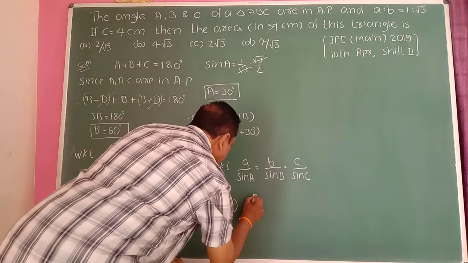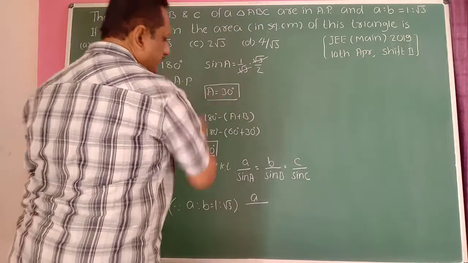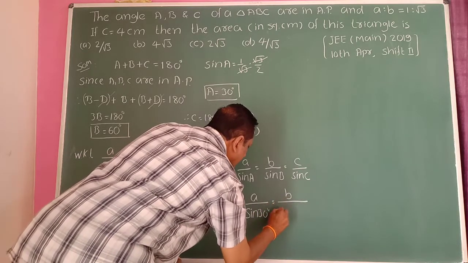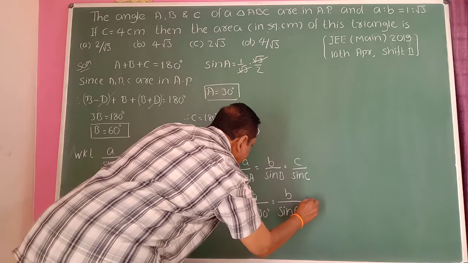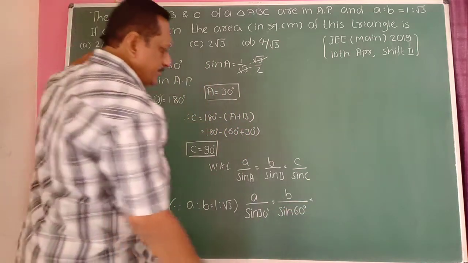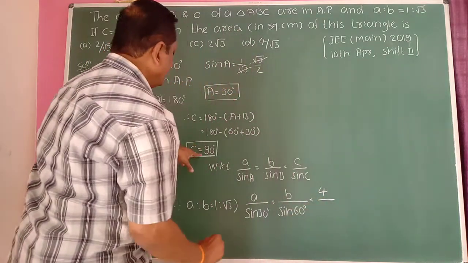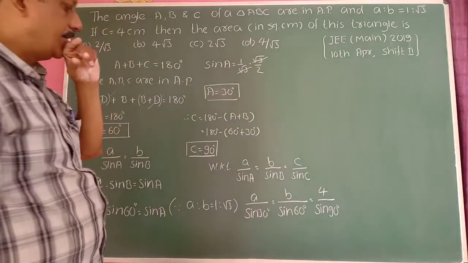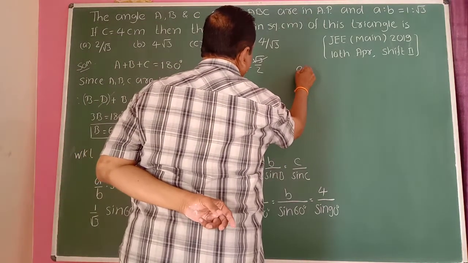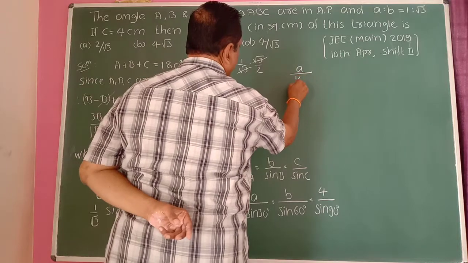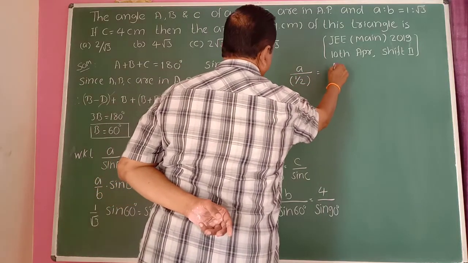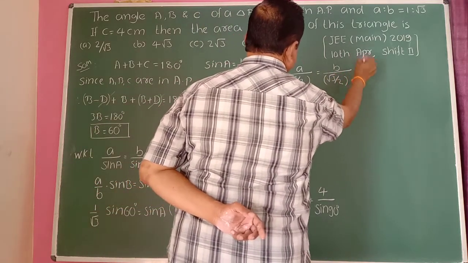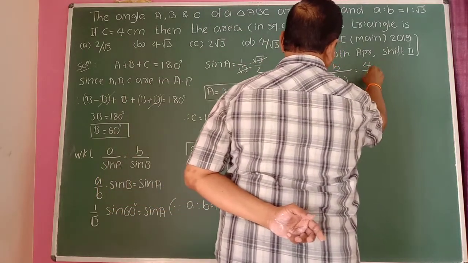Then a divided by sine 30 degrees, b divided by sine 60 degrees, and they have already given c is 4 centimeter, so 4 divided by sine 90 degrees. Sine 30 degrees is 1 divided by 2, sine 60 degrees is root 3 divided by 2, and 4 divided by sine 90 degrees is 4.